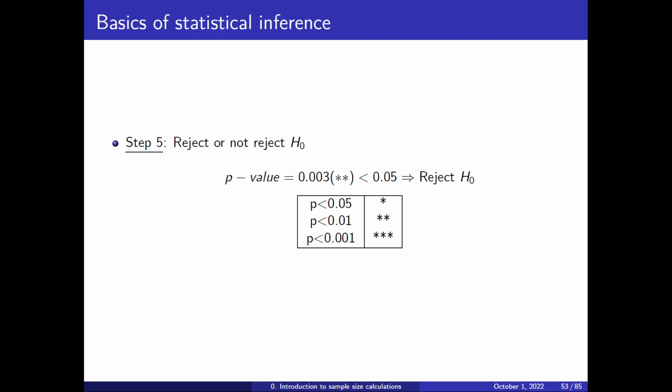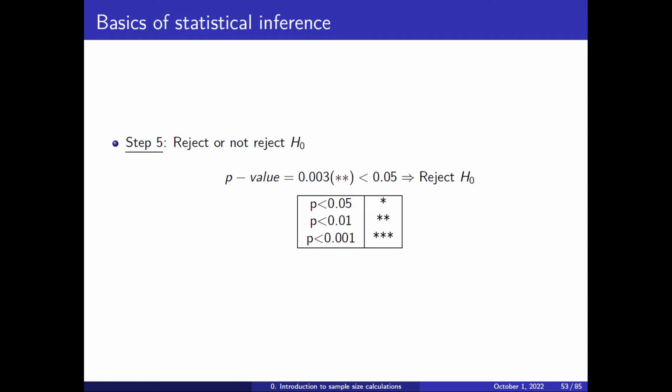Okay, and now with this p-value you have to take a decision. Typically you compare the p-value to a threshold. This threshold typically is 5%, and if it is smaller than 5%, then you reject the null hypothesis.